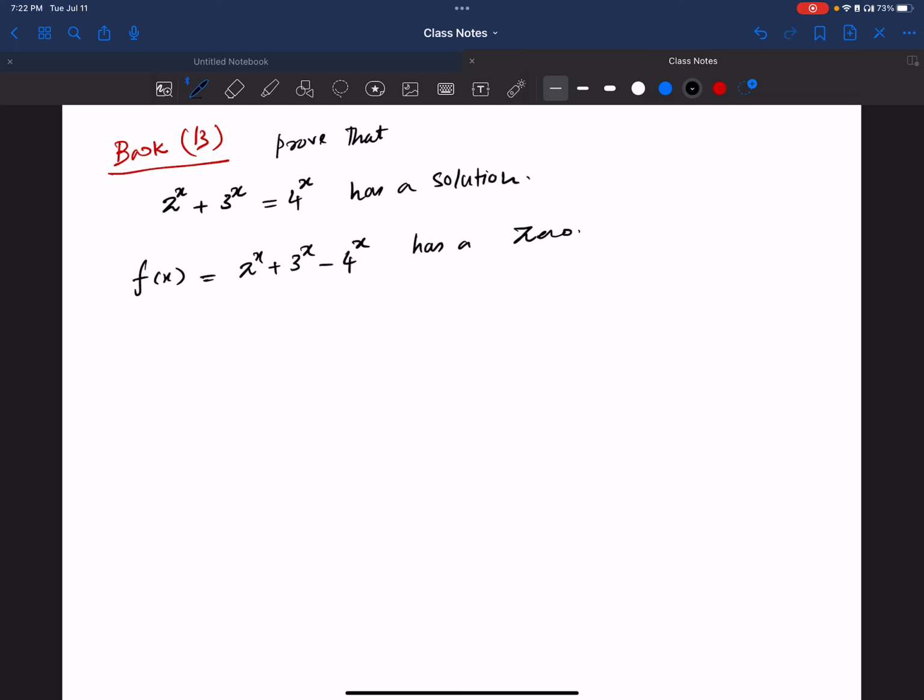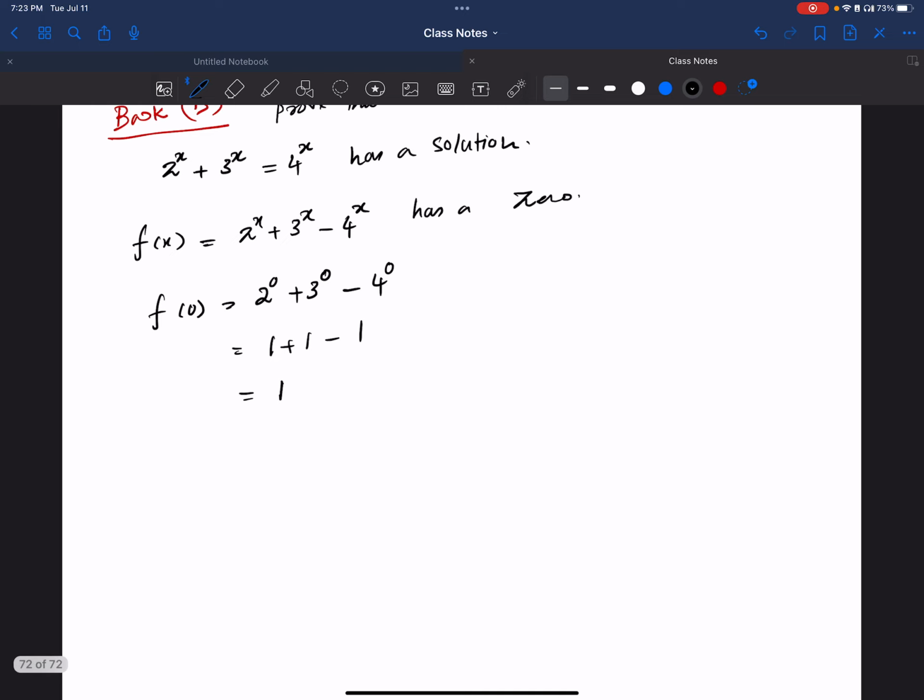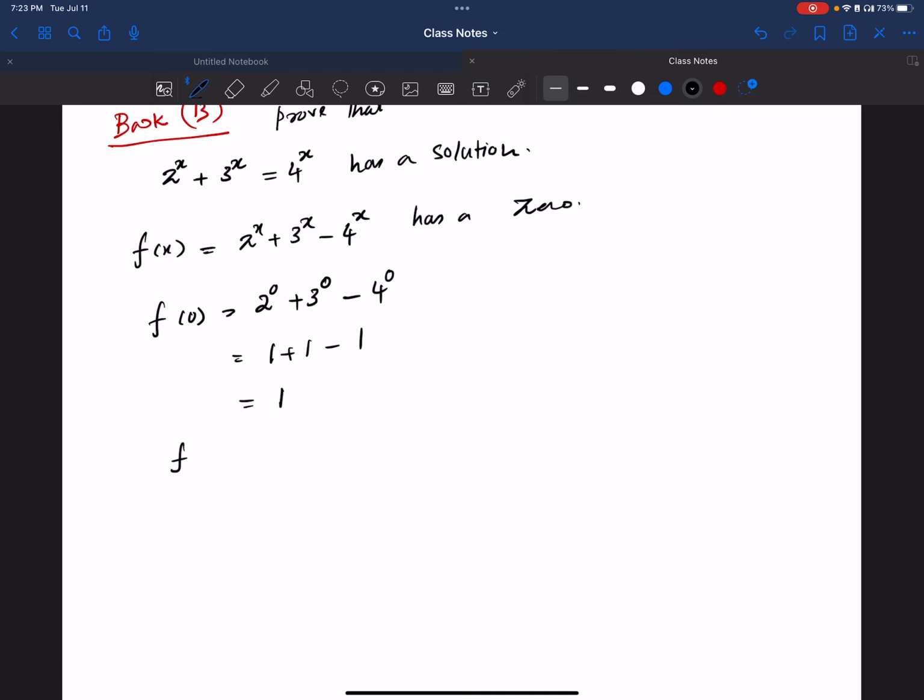We will put positive integers. What is f of 0? F of 0 is 2 to the power 0 plus 3 to the power 0 minus 4 to the power 0. So 1 plus 1 minus 1, it's going to be 1, a positive value. Let's take 1: 2 to the power 1 plus 3 to the power 1 minus 4 to the power 1.